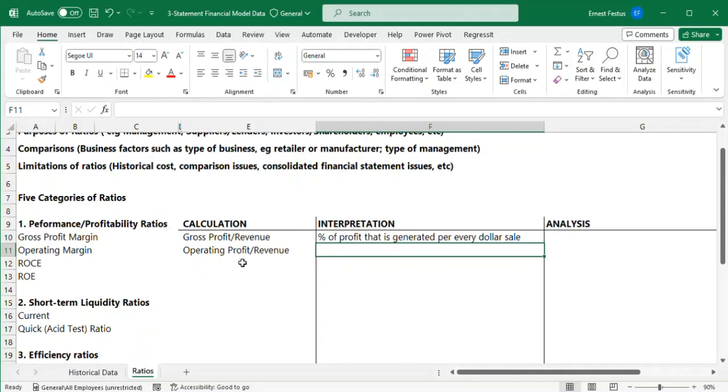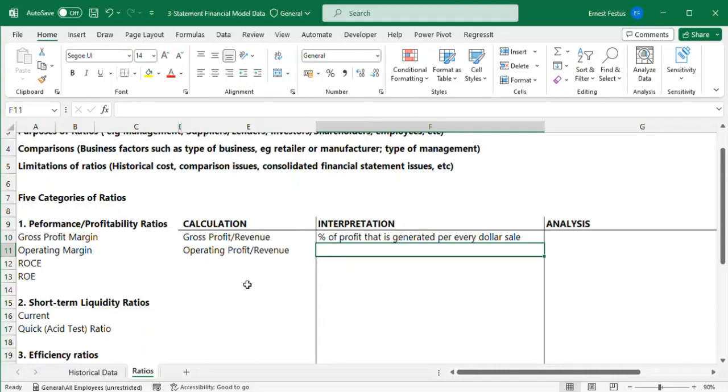So that is our operating margin, and we are talking about how well the business has managed to control those costs, because the operating profit is gotten as a result of those indirect costs being deducted from your gross profit. And so how is the business managing the overheads of the firm with regards to revenue generation? So that is how we interpret the margin.